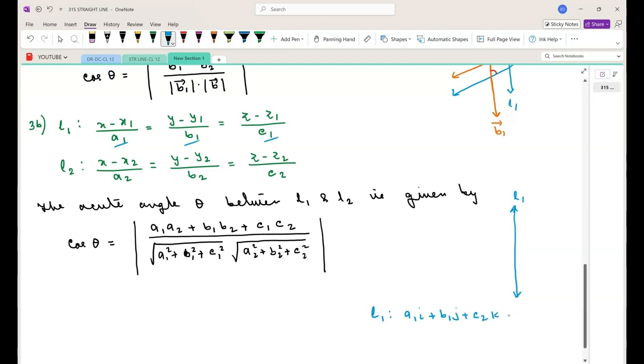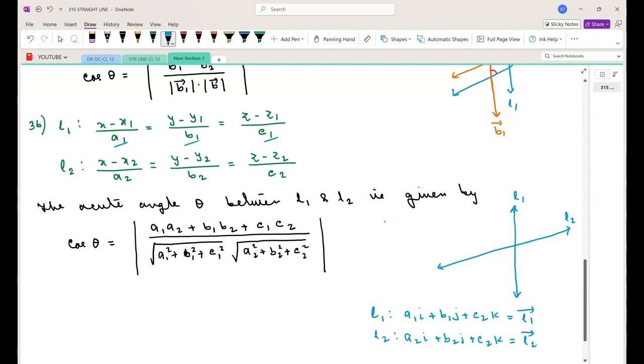So suppose I call this vector L1, and there is another L2, say like this, whose DRs are A2, B2, C2. So L2 in the vector form will be A2 i plus B2 j plus C2 k. So suppose that is L2 vector.